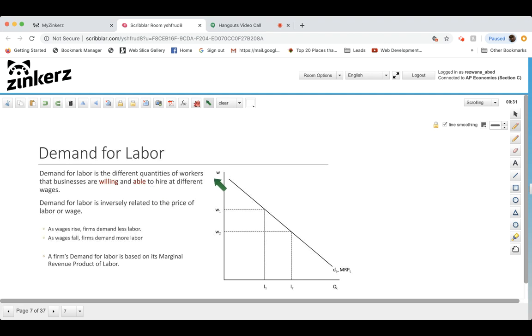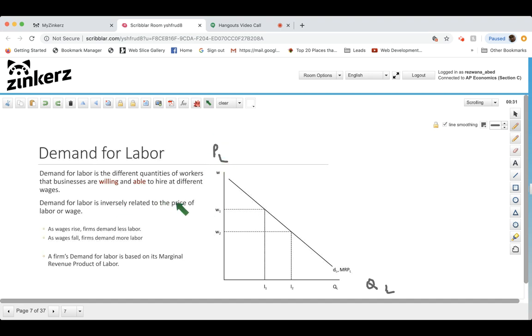If you want to make it synonymous with the product market, the price of labor is wage, and the quantity of labor is just the quantity of labor. So always remember that the wage is always going to be on the vertical axis, which is the price of labor.